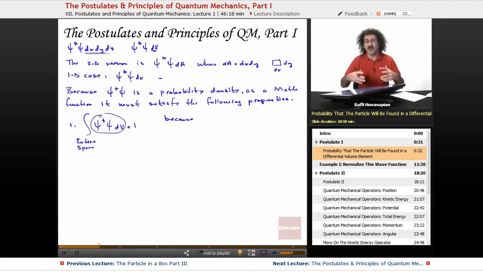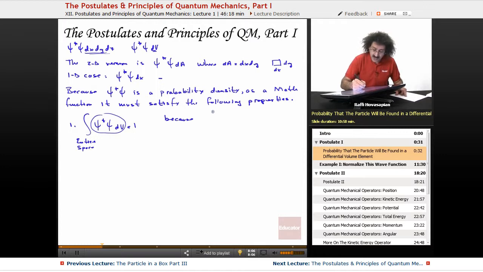So because I am 100% sure that I'm going to find it somewhere in that space, when I add up all the probabilities, it's going to end up being 1, which is the same as 100%, or 1.00. When you find a probability, you're always going to get some decimal, which is going to be less than 1. When you add up all the probabilities for a particular situation, you're going to get 1. So that's all this means. Since this is a probability, integrating all the probabilities gives you 1. This is called the normalization condition.